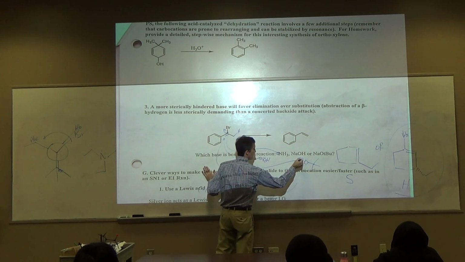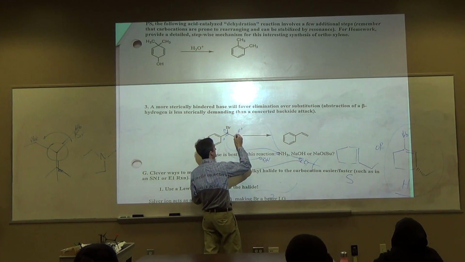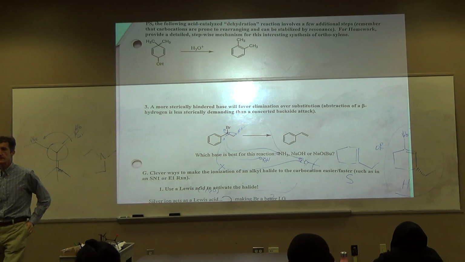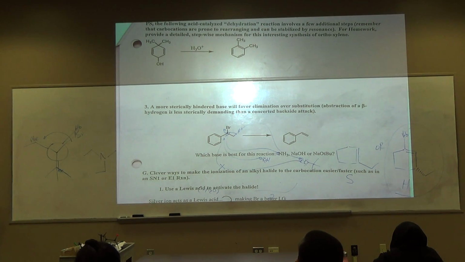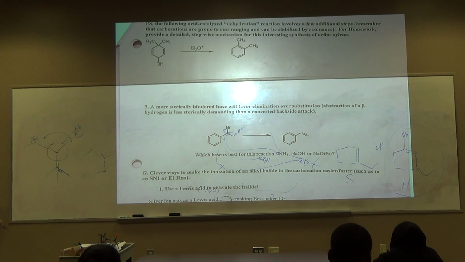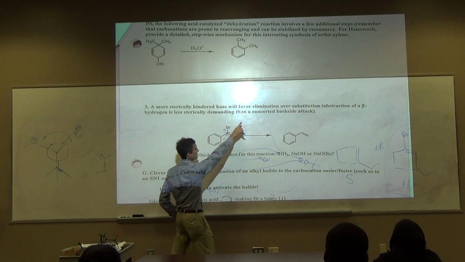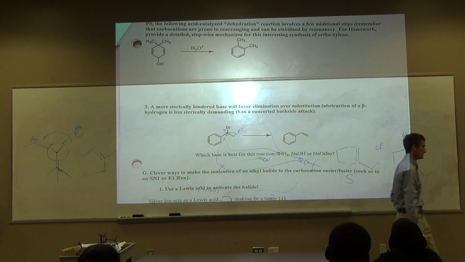Instead, it will be like, okay, well, I'll take the H then. I'll take the H, and those electrons can come in and kick you off. And doesn't that give the alkene? Take the beta H. More sterically hindered base. What did we say? A more sterically hindered base will favor elimination over substitution.